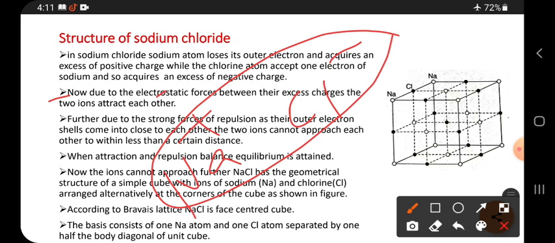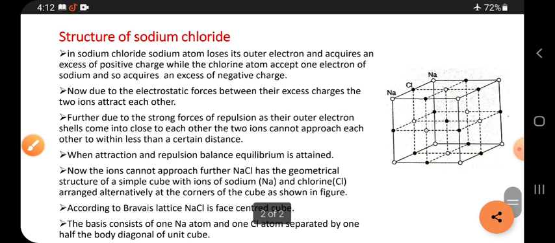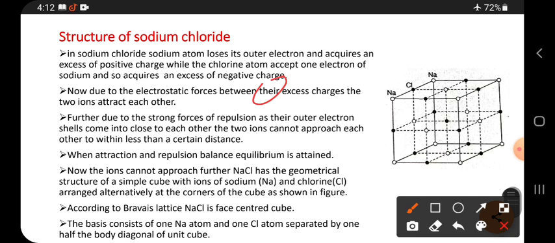Because of the excess charges, the two ions attract each other.